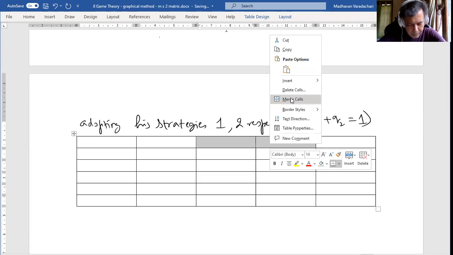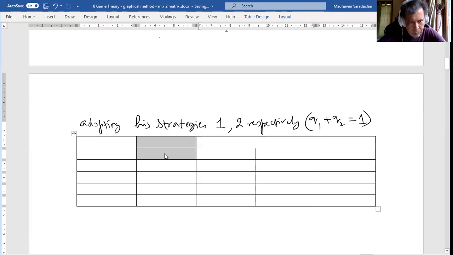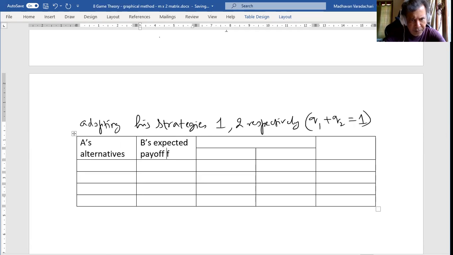I'll merge this. Here we have A's alternatives. Here B's expected payoff function.